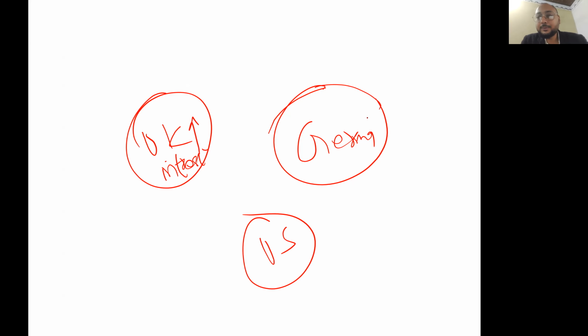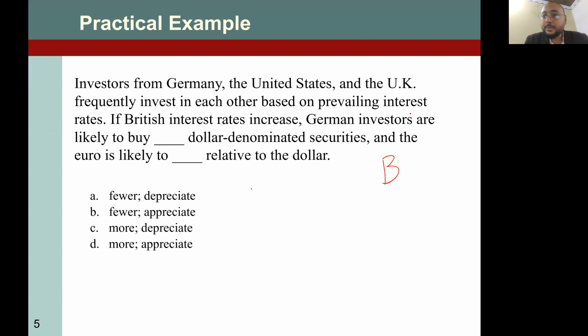Now the question is, are German investors likely to buy more dollar denominated securities or not? Of course, if the British interest rate rises, everybody wants to invest in the country which has a higher interest rate. So dollar denominated securities, Germans don't buy so much.